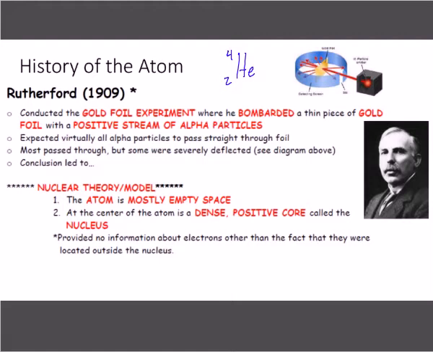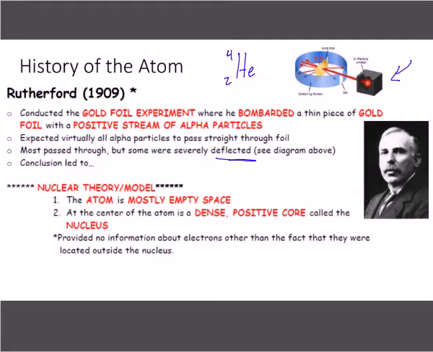So he expected all the particles to kind of go straight through if it's a sphere. But what he noticed is that most of them passed through, but some were actually deflected. And that's what this diagram up here is showing in your notes, is that most of them passed straight through, but a few were deflected off to the sides.